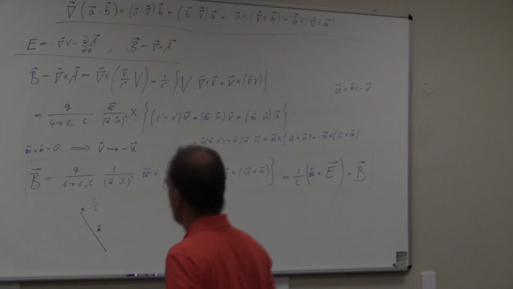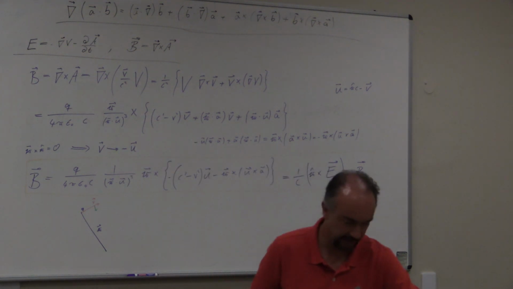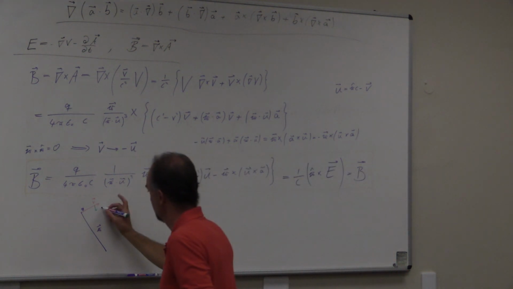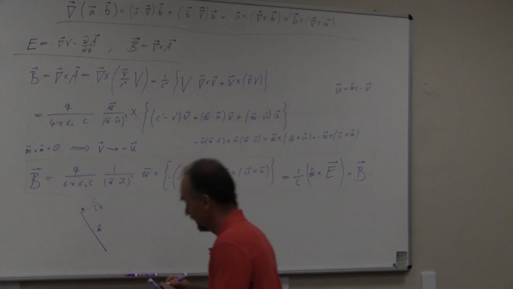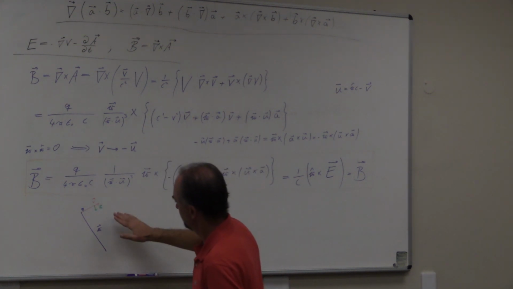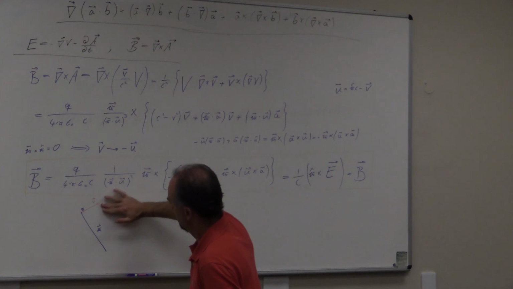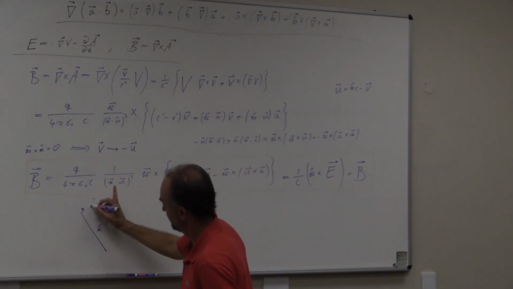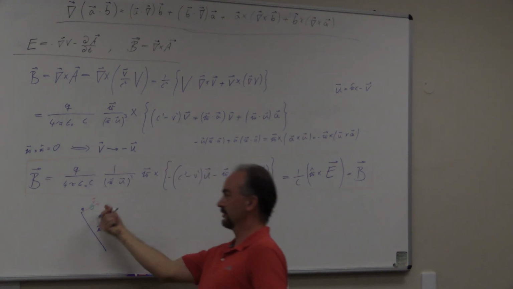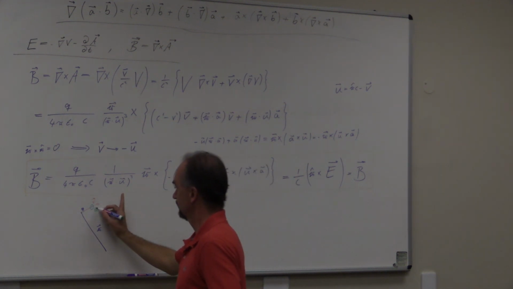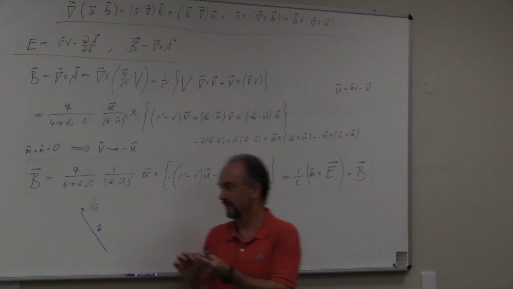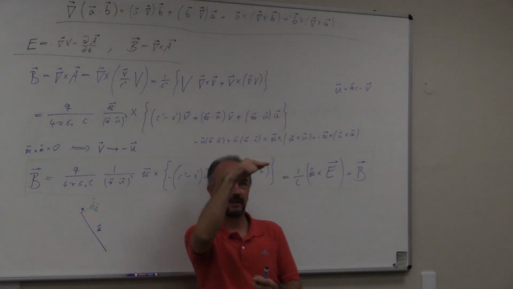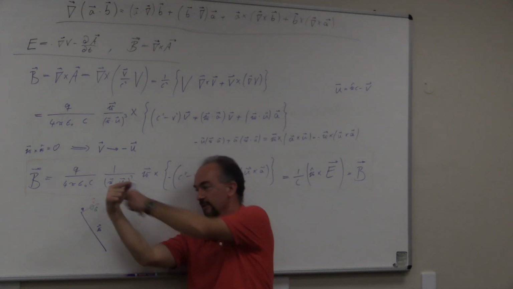So U cross A, so let's say A goes in this direction. Actually, that's not good. Let's say the acceleration comes out of the plane.